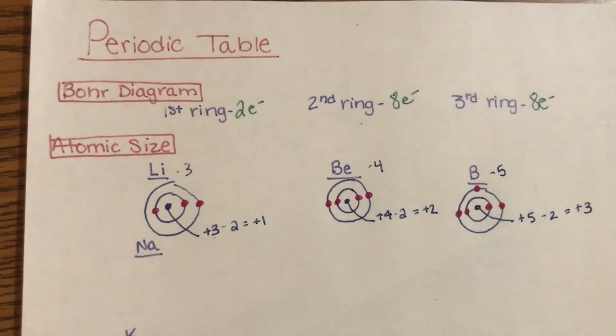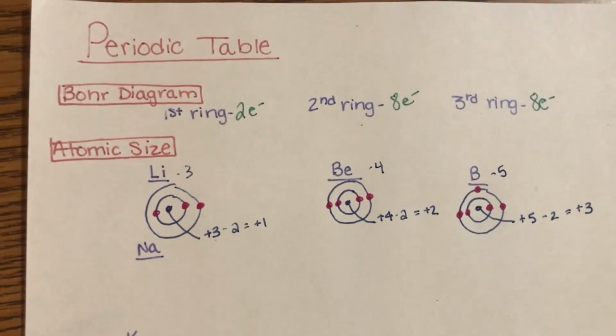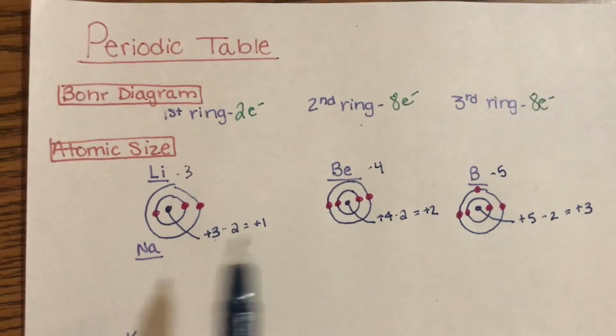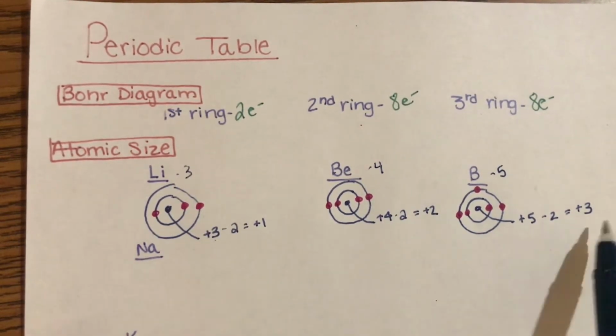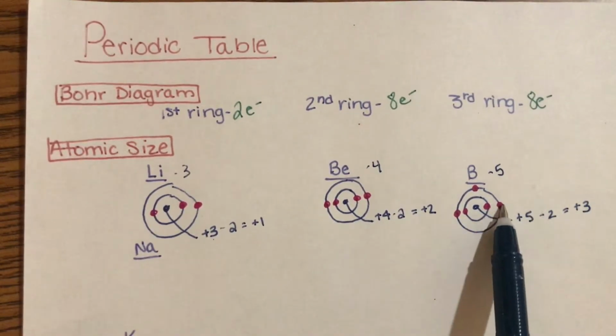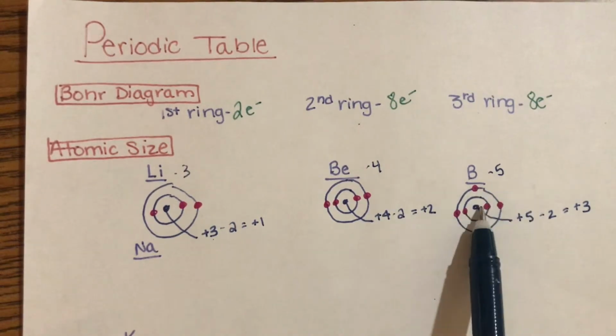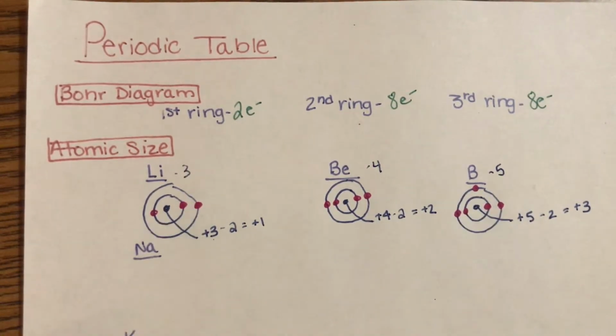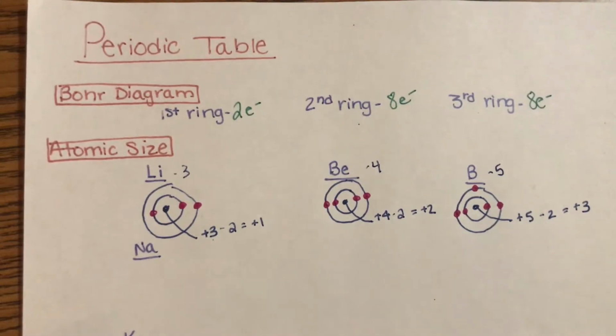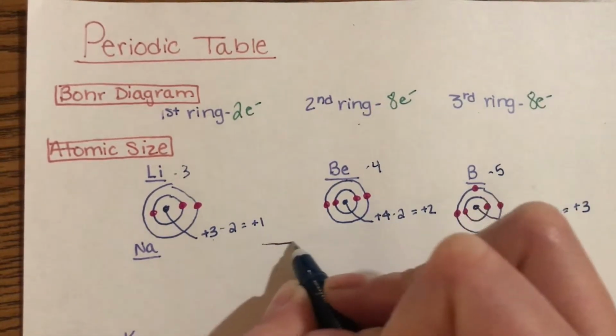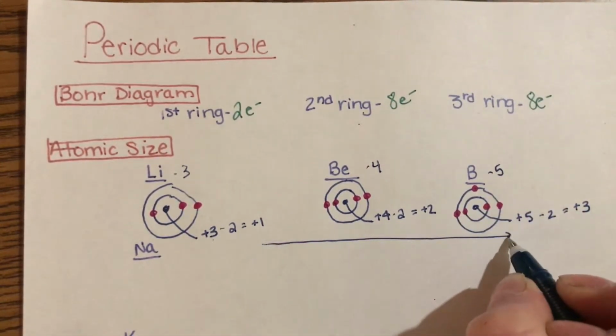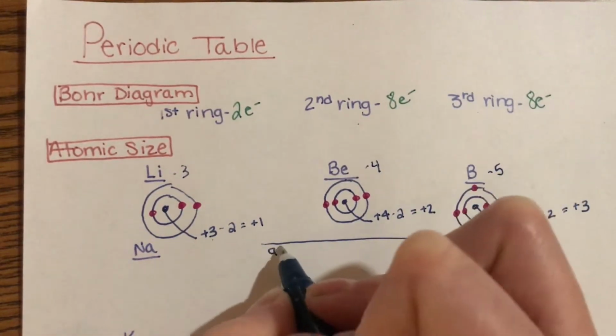Since there's a greater charge from the nucleus, they're going to be more attracted to it, which makes your atom become smaller. Since this has a +3 charge, a greater charge, those electrons are going to be pulled in closer to the nucleus versus this +1 charge. So as we go across the periodic table, as we go this way, your atomic size decreases.